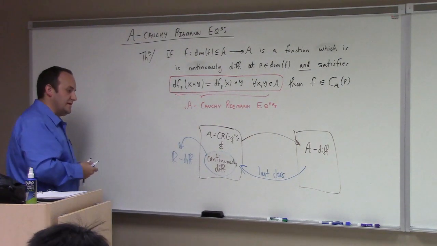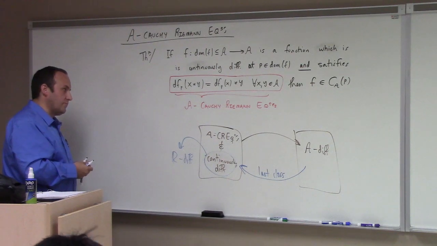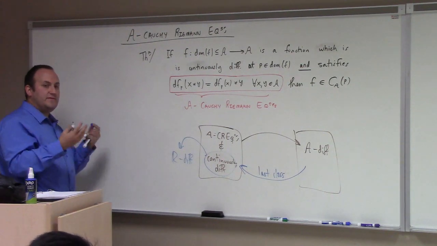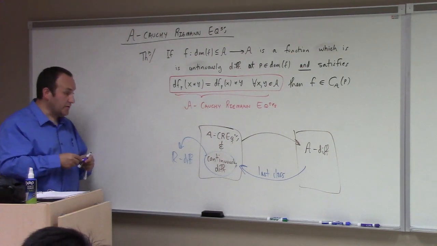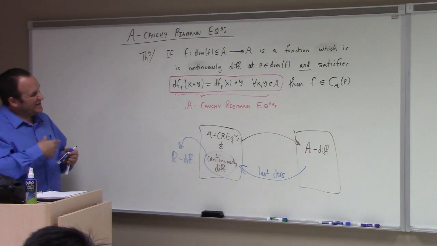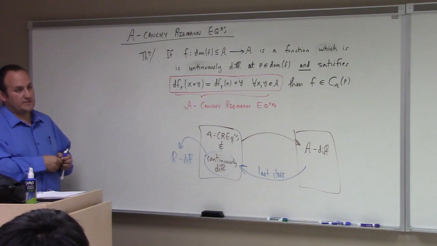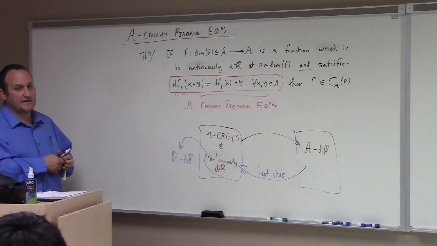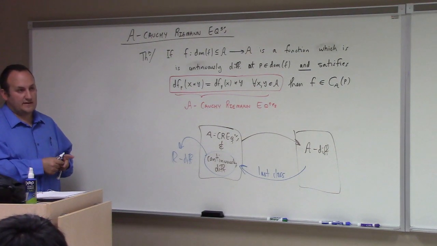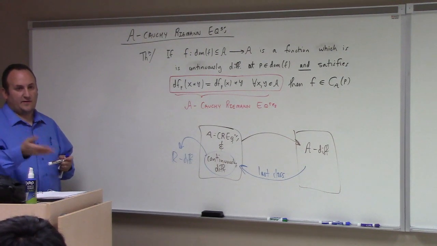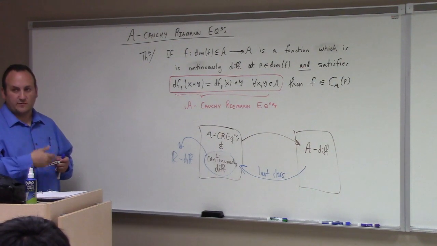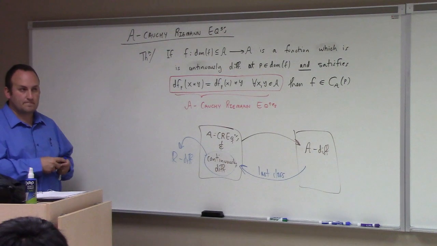So this is the interrelation. This is the theorem we're working with. So if we satisfy the A-Cauchy-Riemann equations and we have continuous differentiability of the function, then we get that it's A-differentiable, which means we have all that calculus we looked at last time: sum rule, product rule, chain rule, all that good stuff, right?